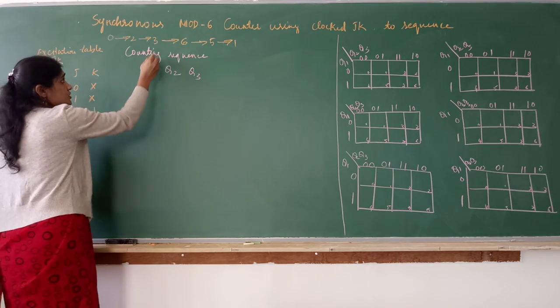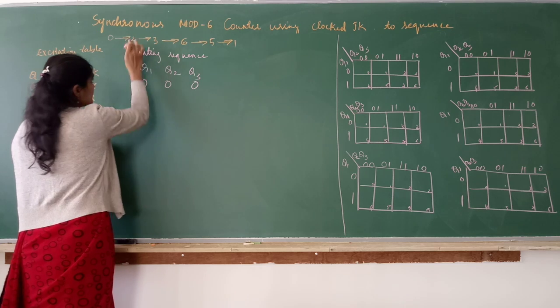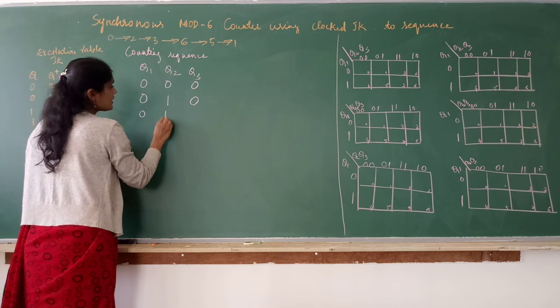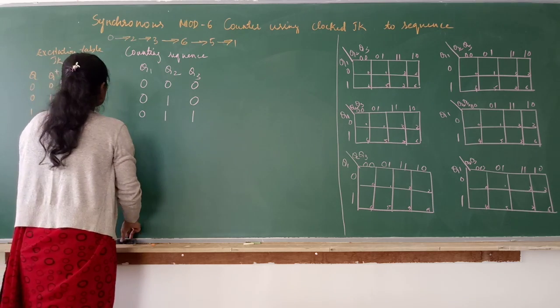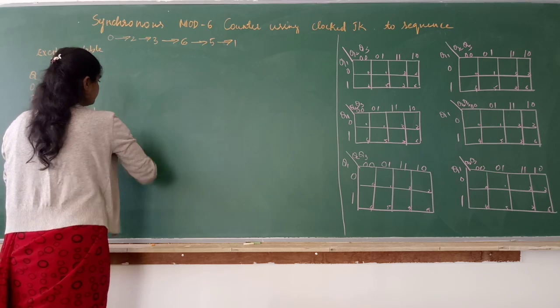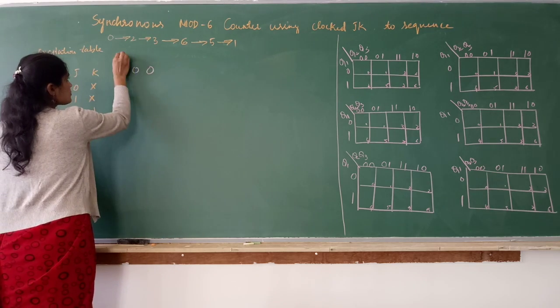So the counting sequence, what is the first count we have? 000. Next, 2 is 010. 3 is 011. 6, what is 6? Okay, I'll write it on this side. Counting sequence 000, so what is this?